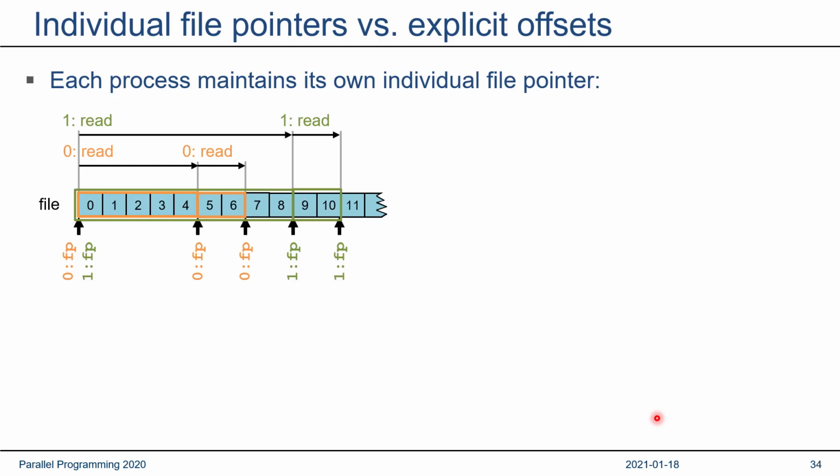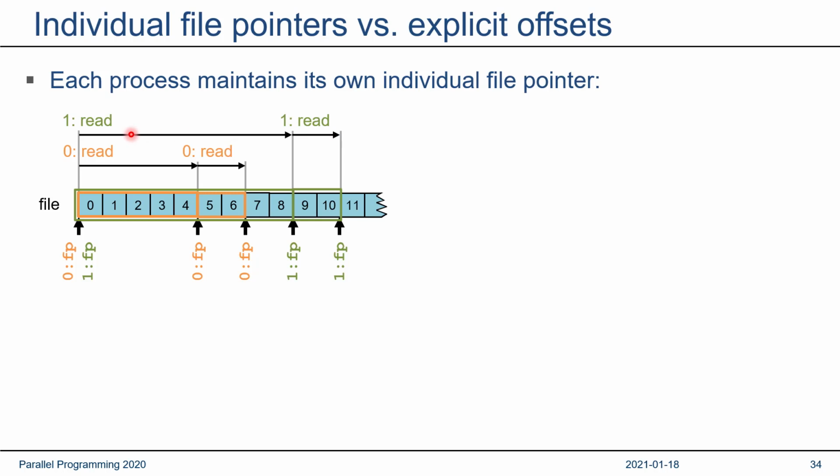So here's the difference between individual file pointers and explicit offsets. If you have individual file pointers, and here in this example, we show this with 2 ranks, then at the beginning when the file is opened, and we're dealing with a standard file view here, then process 0, say, does a read operation of 5 elements, 0 to 4, followed by a read operation of 2 elements, 5 and 6, while process 1 does a read operation of 9 elements, 0 to 8, and then followed by another read operation for another 2 elements.